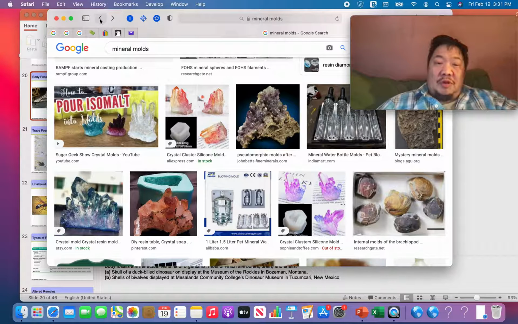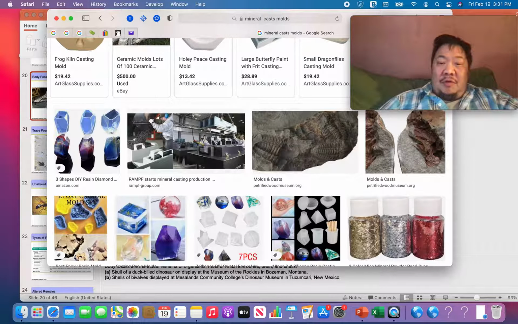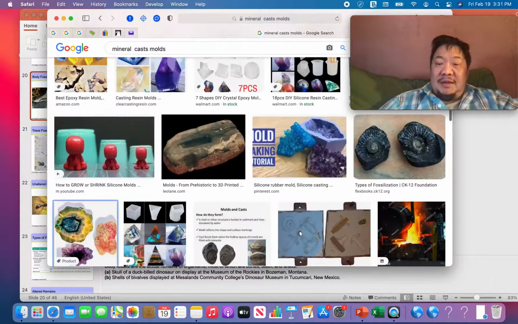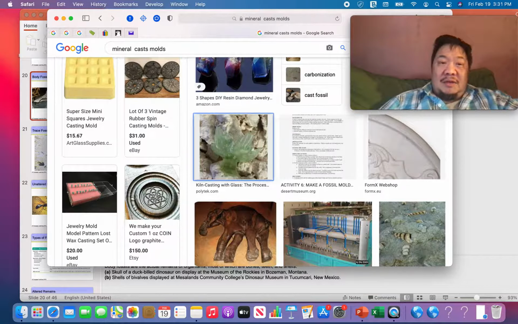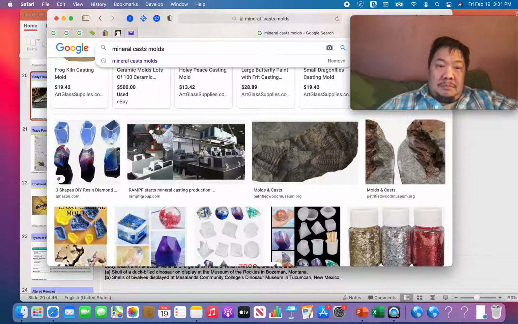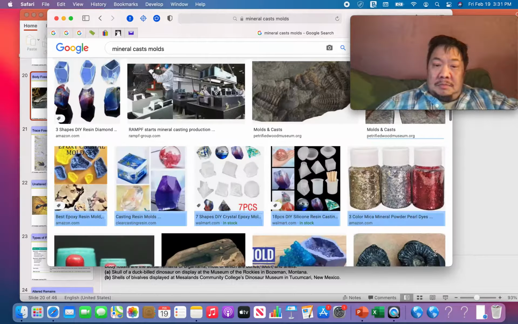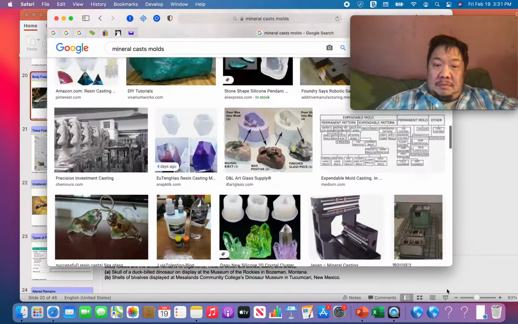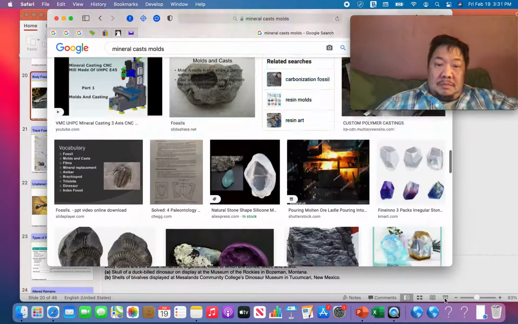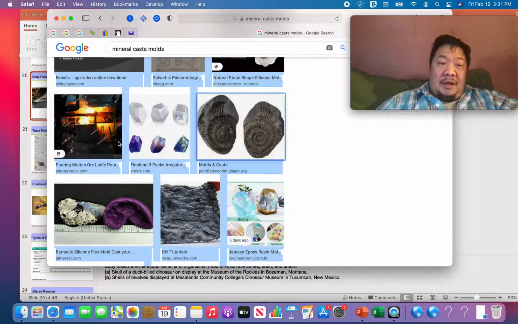Casts and molds are typical fossils that you can find. My friends and I who go fossil hunting love to find casts and molds. Take a look right here.